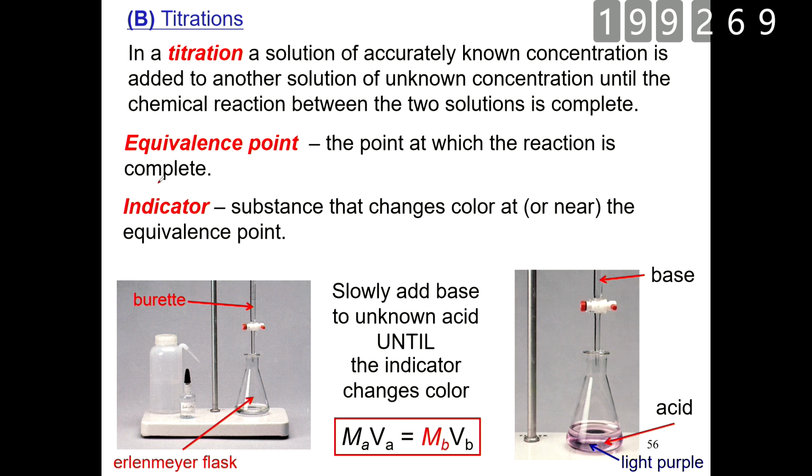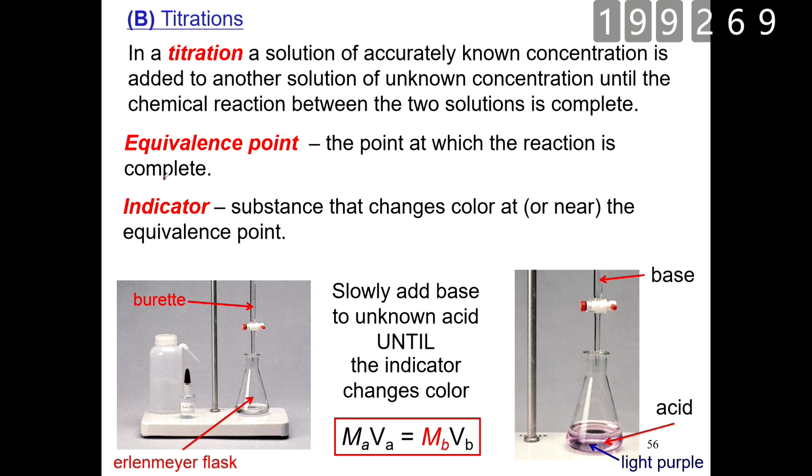But how do we find that the reaction is complete? Basically we need to add some indicator in the system. For example, in this reaction, this is the solution we need to determine. And then we put the known solution inside.